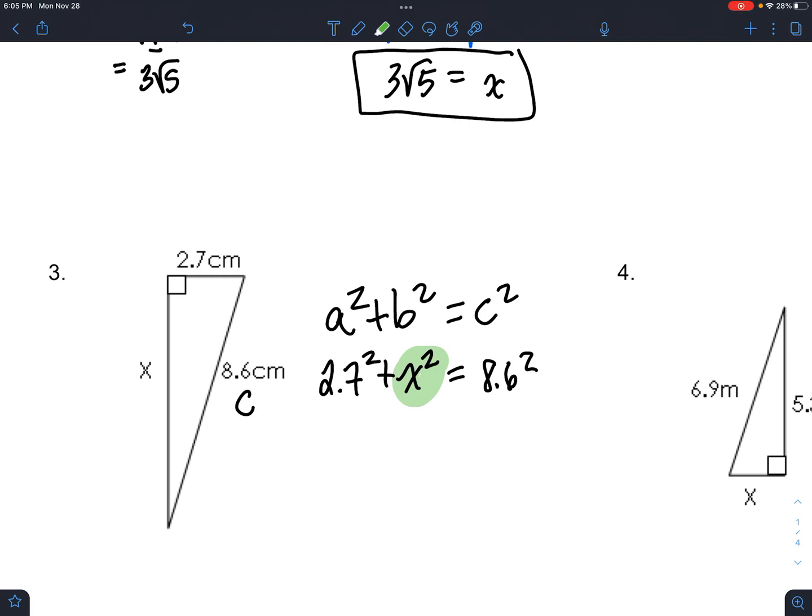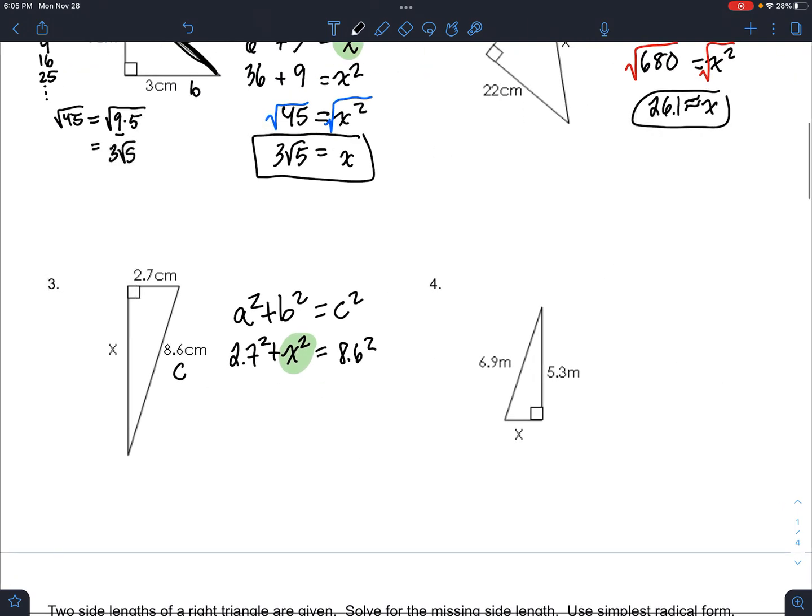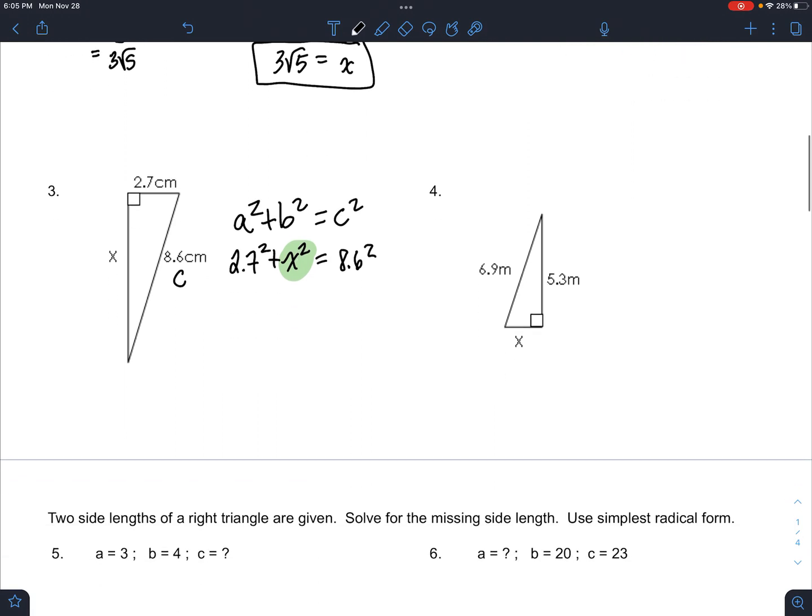So to solve that, you're going to apply the squares to the numbers. You're going to get some more decimals. You're going to move this over here by subtraction, and then you'll take a square root. So go ahead and try that now, and try and do number 4 as well, and you can use the key.